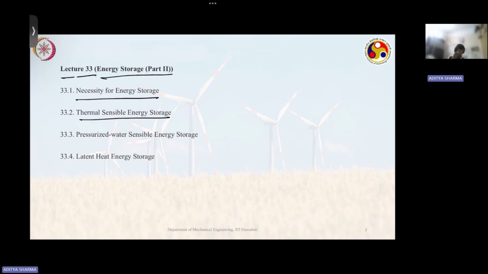So the topics are necessity for energy storage, thermal sensible energy storage, then pressurized water sensible energy storage. Then is your latent heat energy storage.